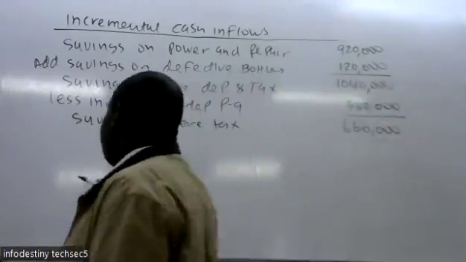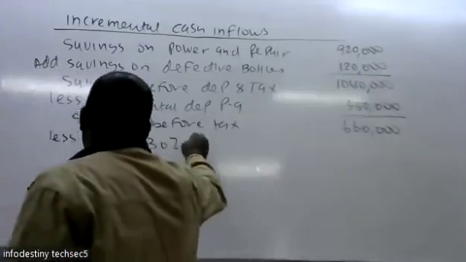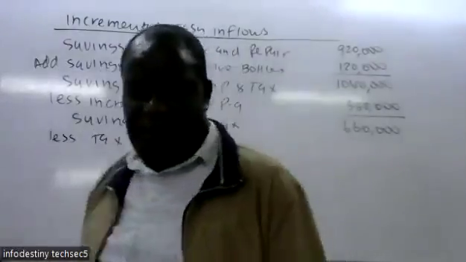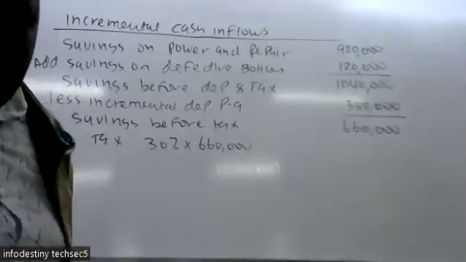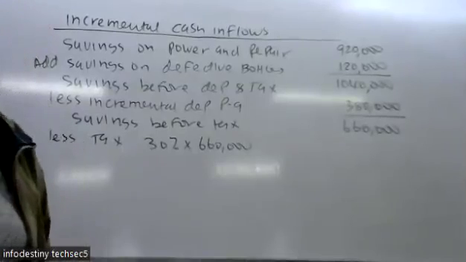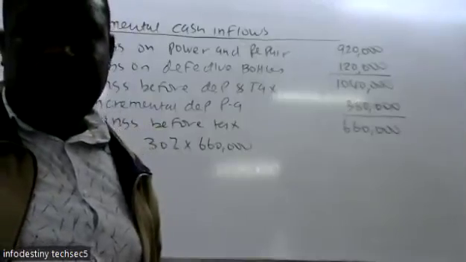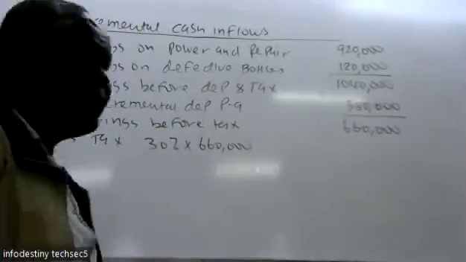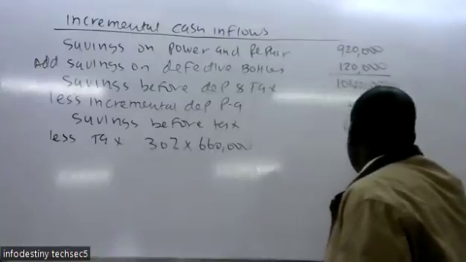Then now we less the tax. Minus the tax, so 30% of 660, to give us 198.